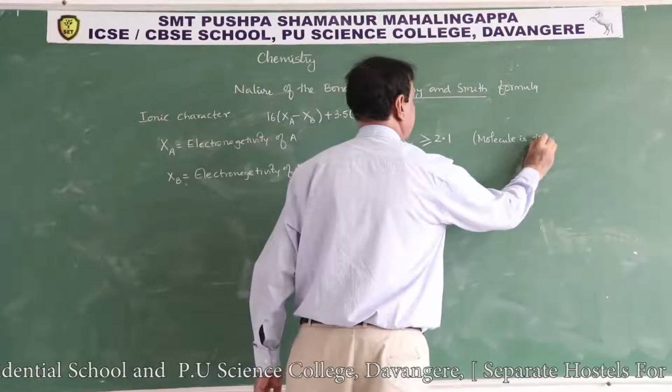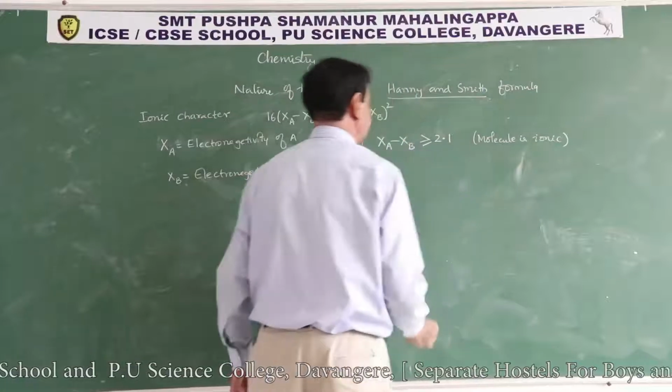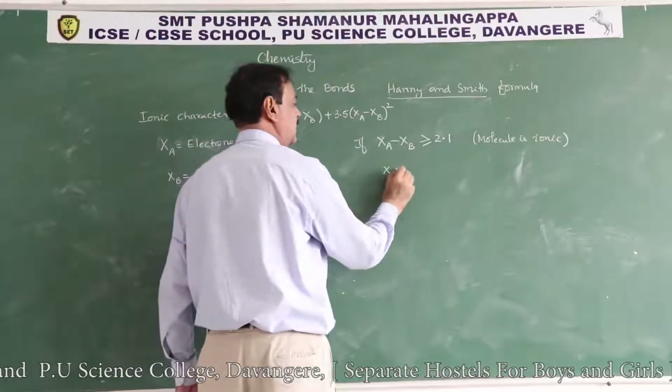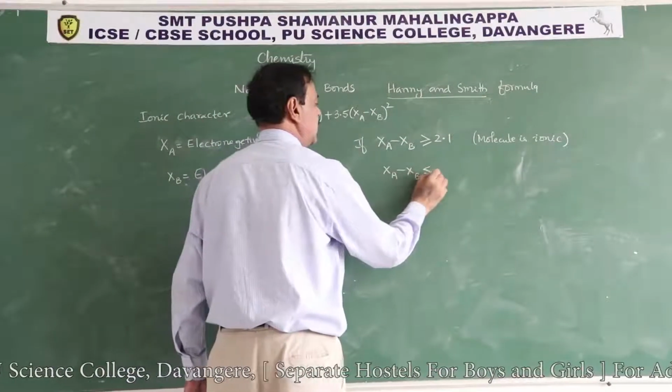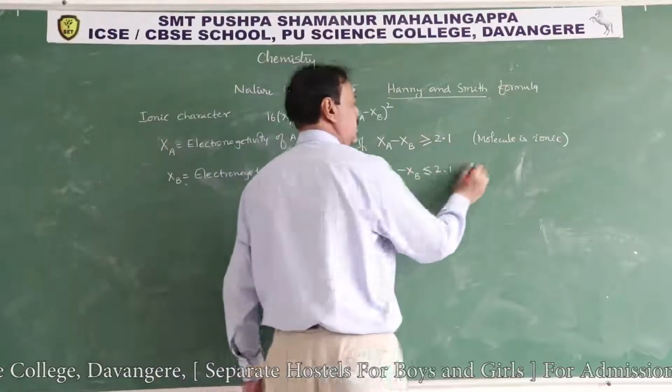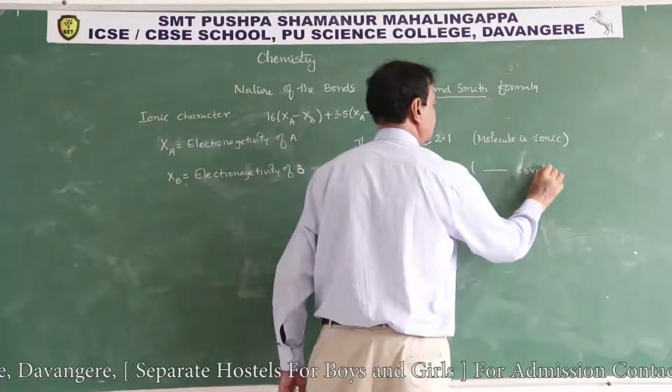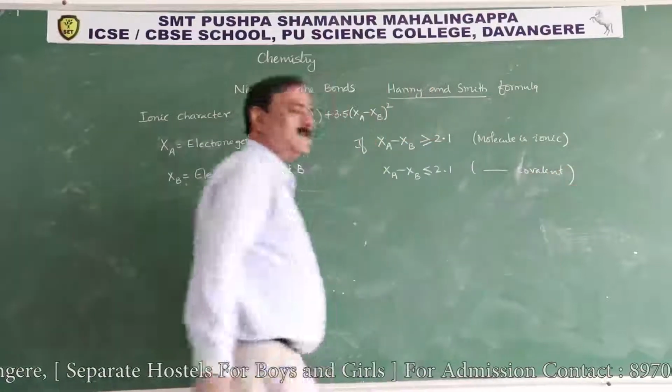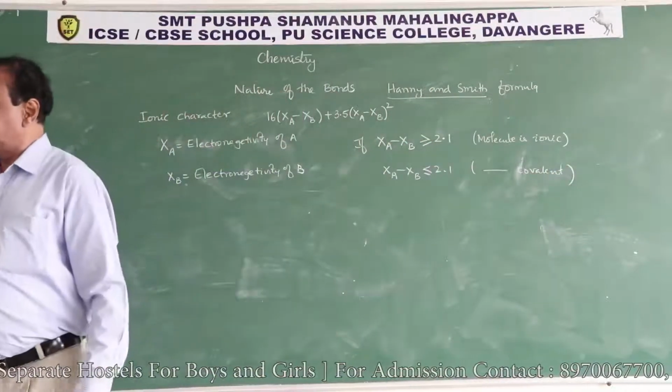If Xa minus Xb is less than 2.1, then the molecule is covalent in nature. Is it clear?